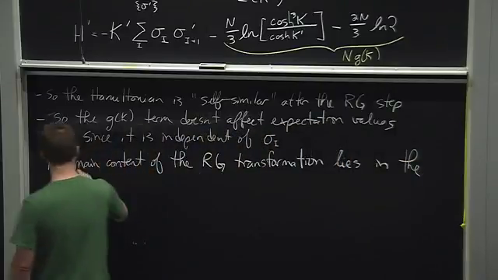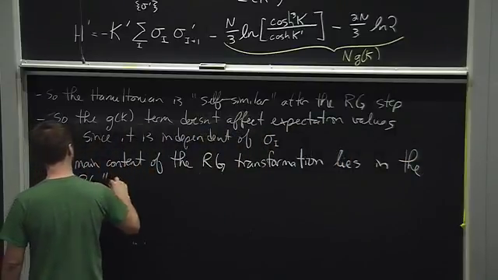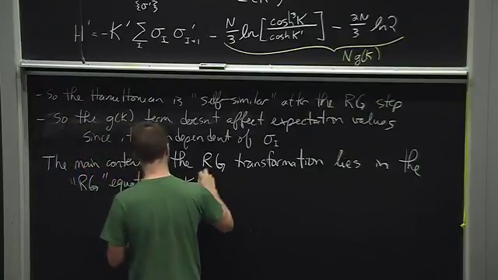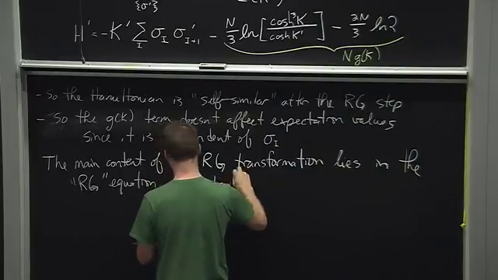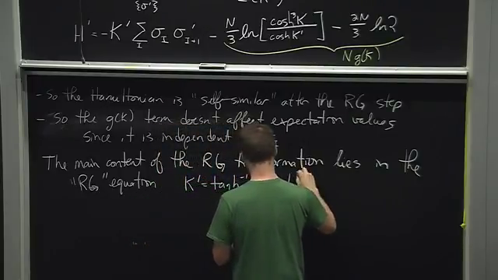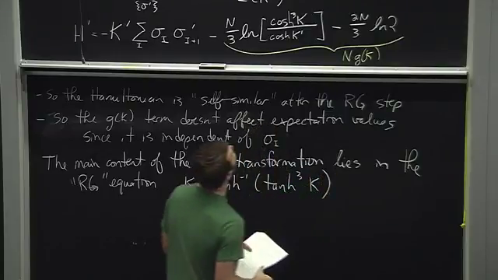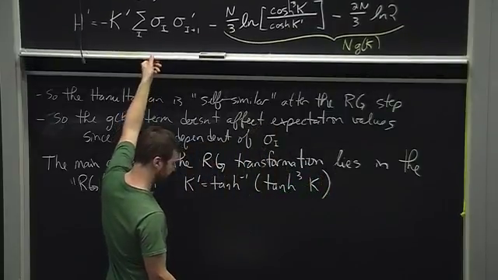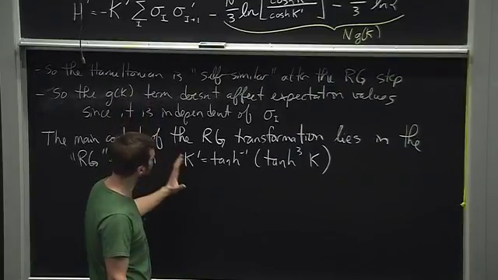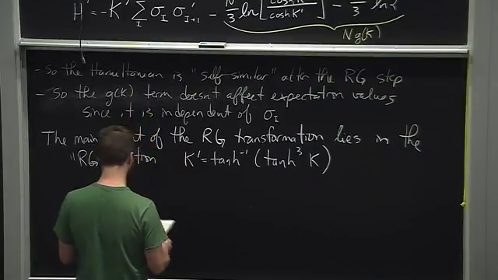If people say RG equation, that's usually what they mean. So imagine iterating this, you get K double prime, K triple prime, and so on.